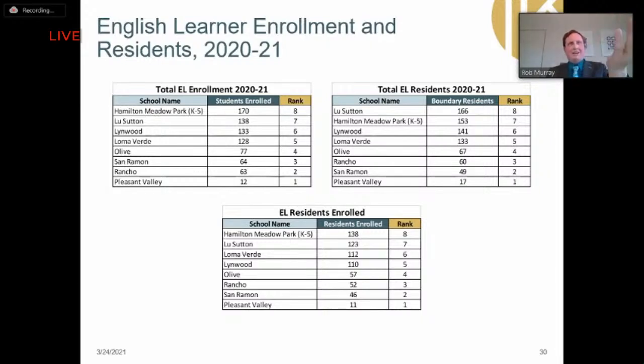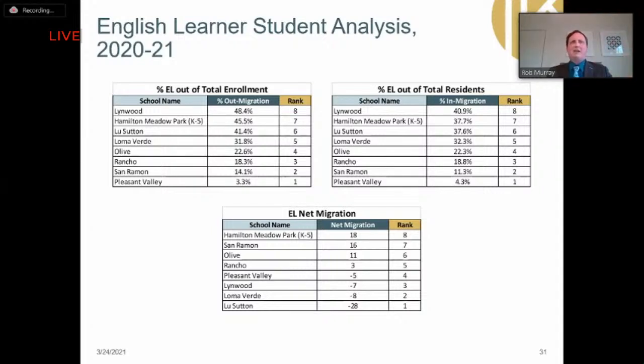And then I think everyone sees the pattern, but we'll just walk through this quickly. We have the English learner enrollment, the English learner residents, and the number of residents enrolled at their local school, and then the same percent of enrollment, percent of residents, and net migration.